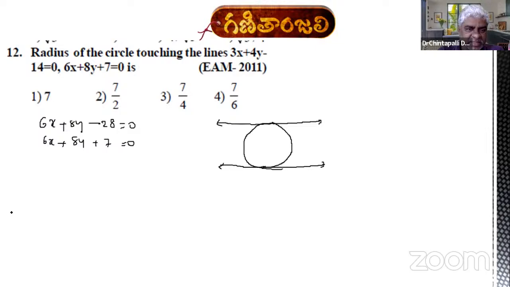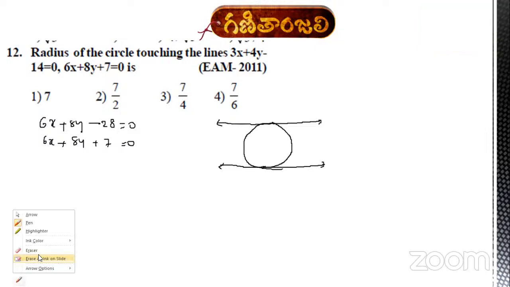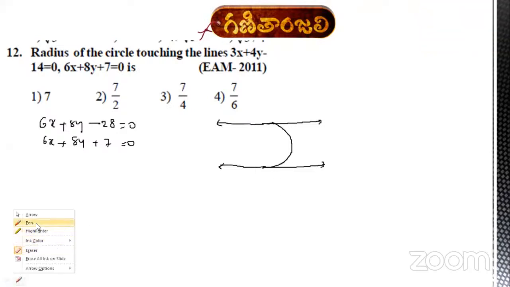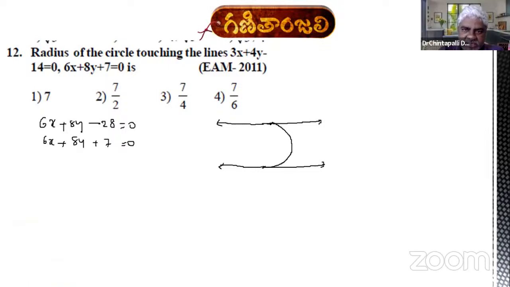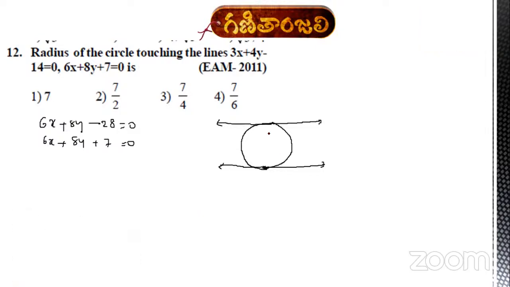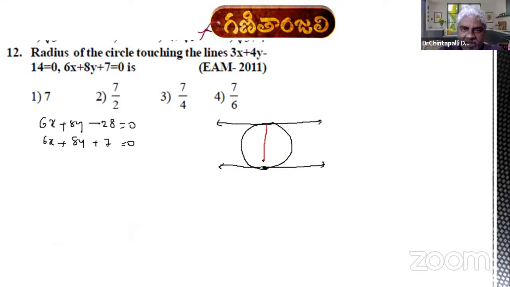We can understand that the distance between these two lines is its diameter. The distance between the parallels is the diameter of the circle touching both the lines.